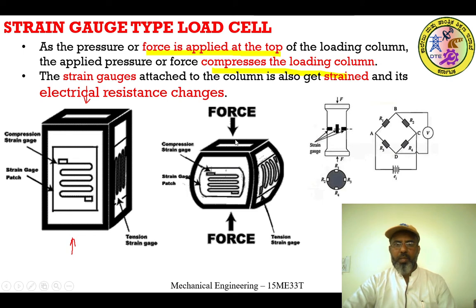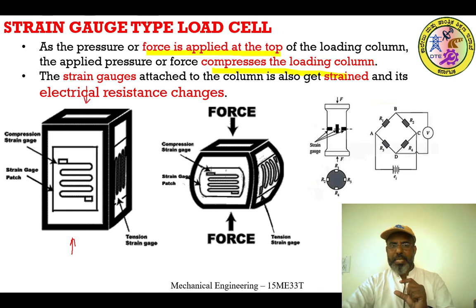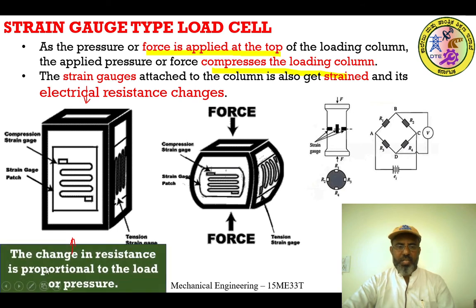When you apply the force, this column gets shortened, it compresses, and the strain gauges attached to the loading column also get either compressed or elongated. That is the meaning of the strain, and therefore the electrical resistance changes. This change in electrical resistance is proportional to the force or the load or the pressure.